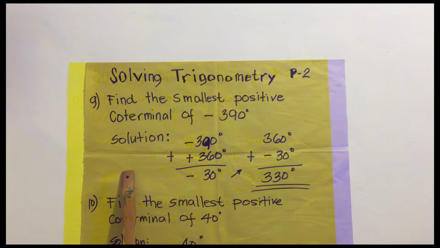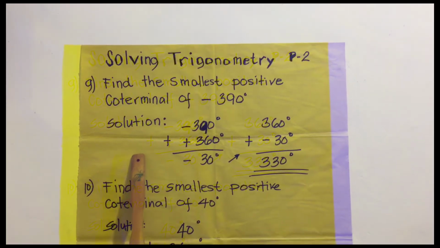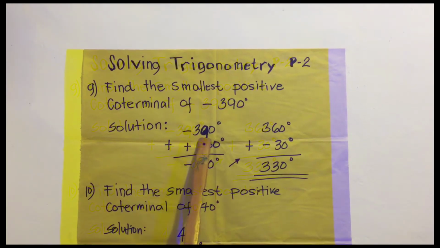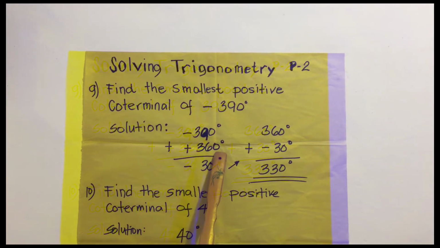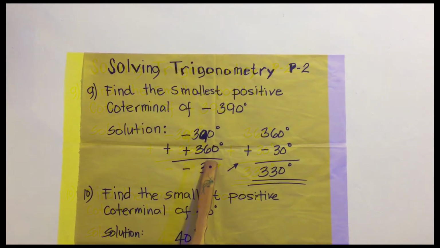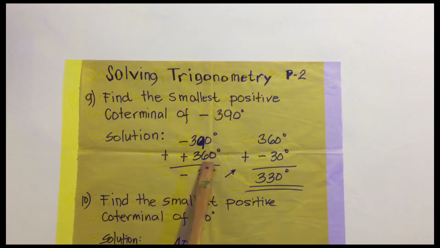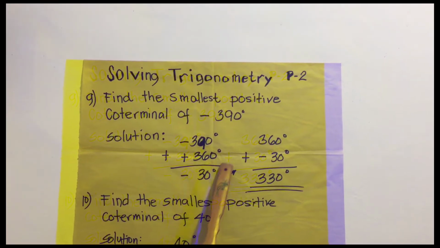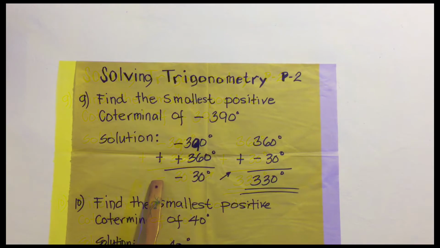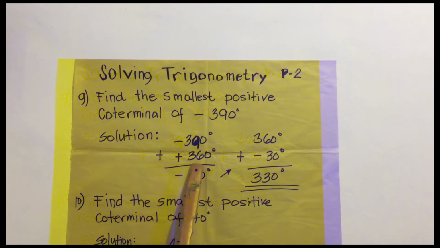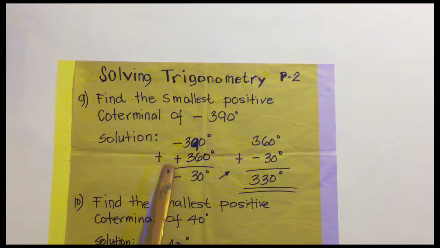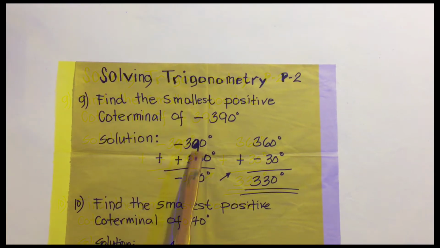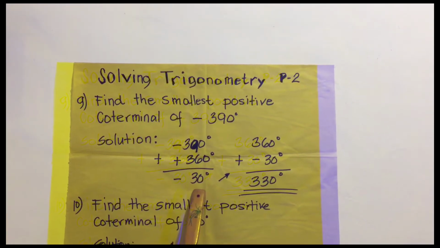Our solution, we're going to write first negative 390 degrees. Then we're going to add plus 360 degrees, because one rotation in a circle is equivalent to 360 degrees. Since unlike signs, we subtract, and the result is negative 30 degrees.